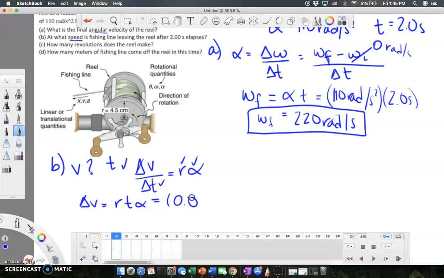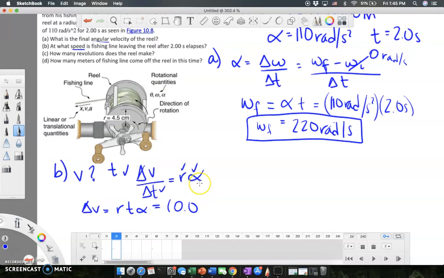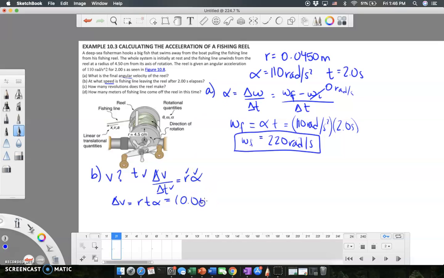So our radius was 0.045 meters, our time is 2 seconds, and our alpha was given to us as 110 radians per second squared. So let's go ahead and calculate that. And we get that our velocity is 9.9 meters per second. So this is my velocity of the fishing line leaving the reel.